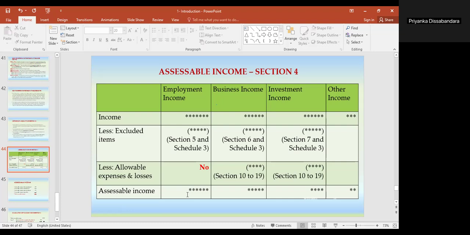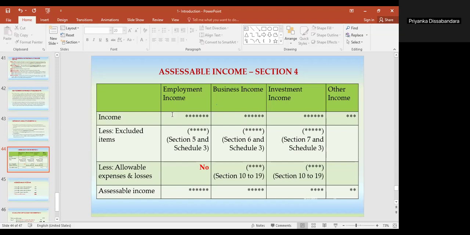So after categorizing our income under each source, what we have to do, we can remove some items which are not relevant, not entitled for each source. Those items are also provided under same section in the Act and under Schedule 3.